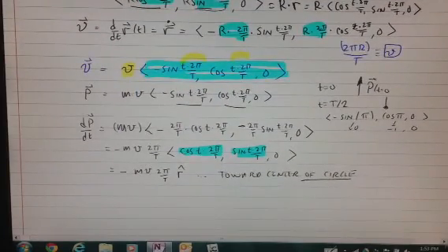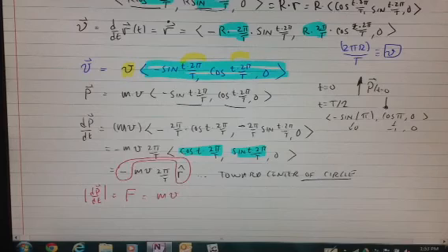So I know the direction that's given by this piece. This is a kind of nasty way to write the magnitude, though. The magnitude of dp/dt, which is the magnitude of the force that's required here, is equal to mv 2 pi divided by the period.